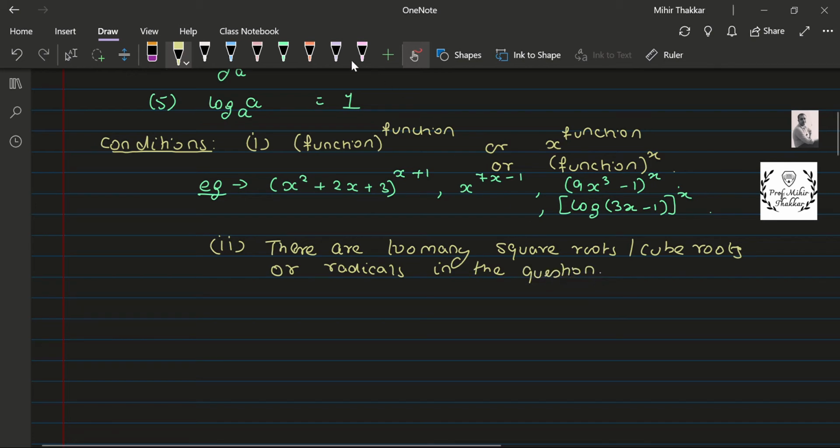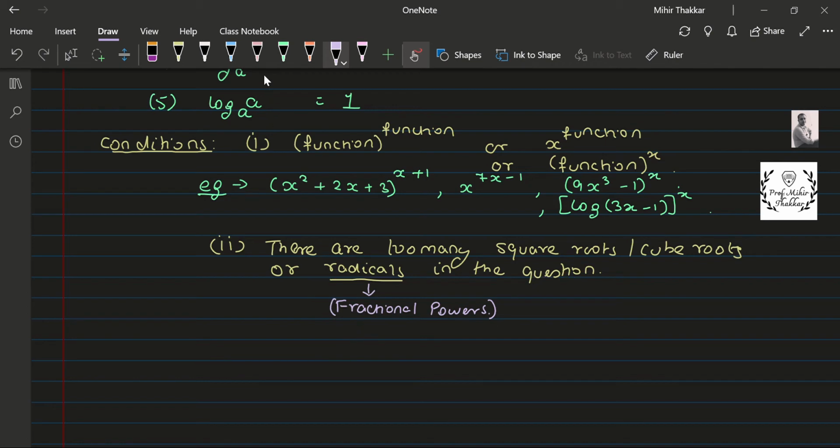In case you don't know the meaning of radical, I'll definitely tell you. Radical is nothing but fractional powers. Fractional powers are called radicals.